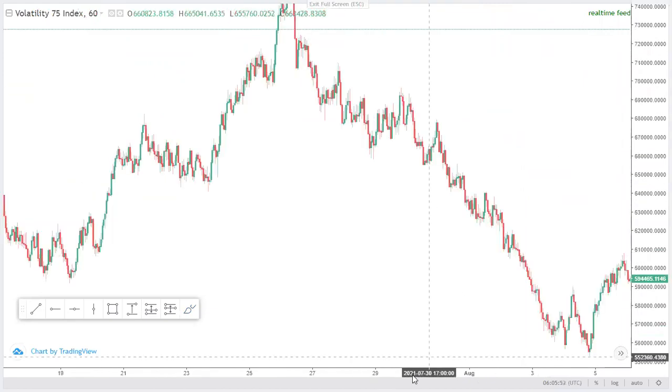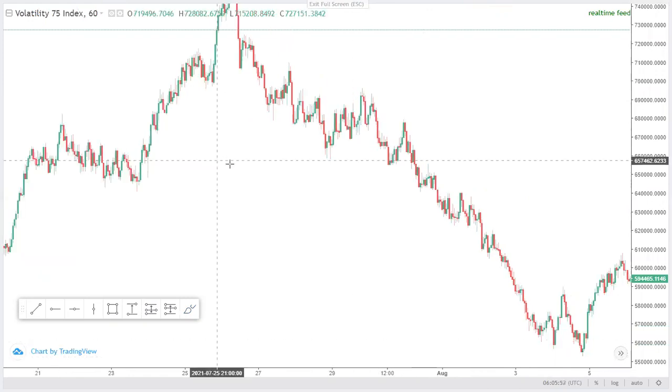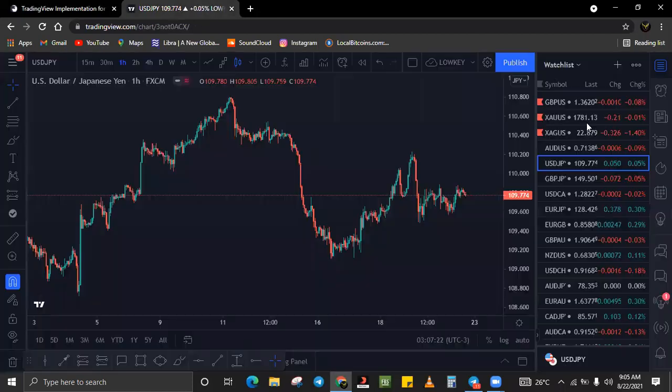Another invalidation point, let's also check on currencies.